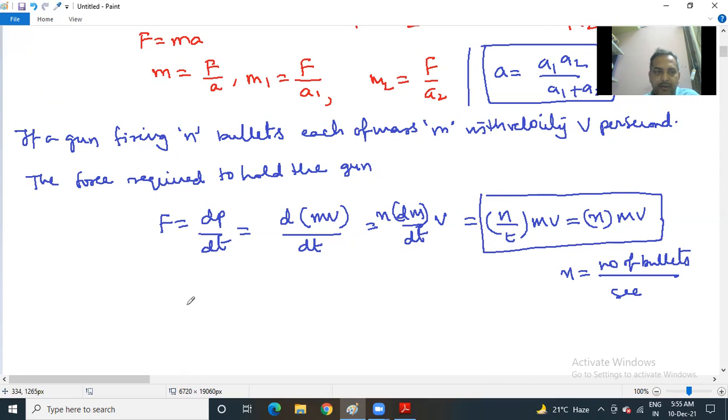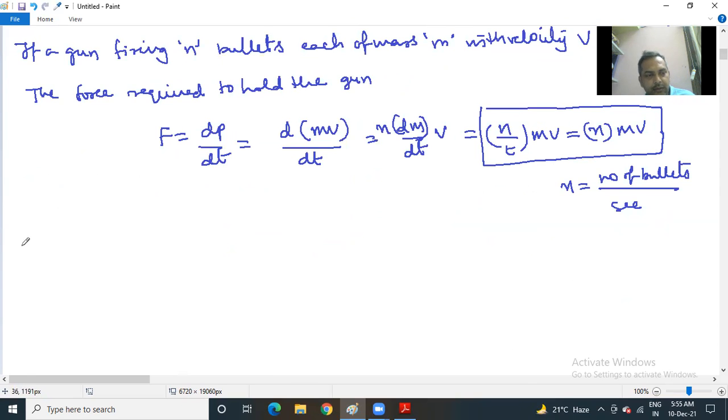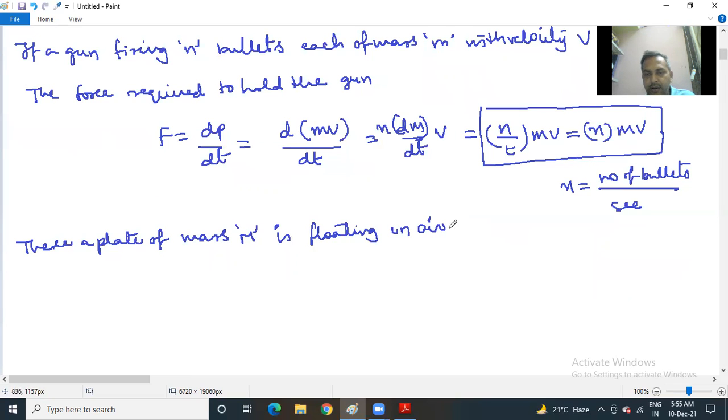Now let us proceed with another application. There is a plate of mass capital M floating in air by firing number of bullets onto it from the gun.